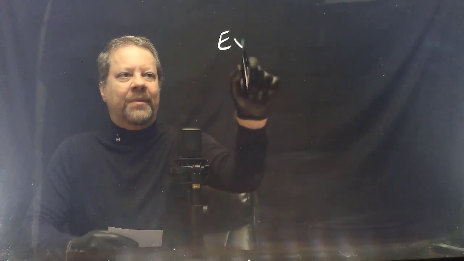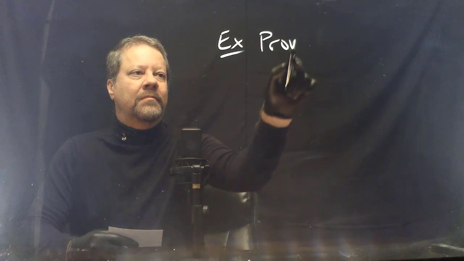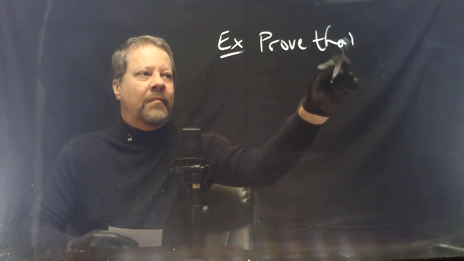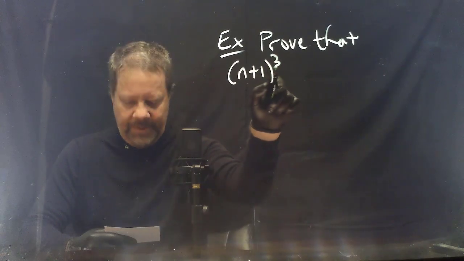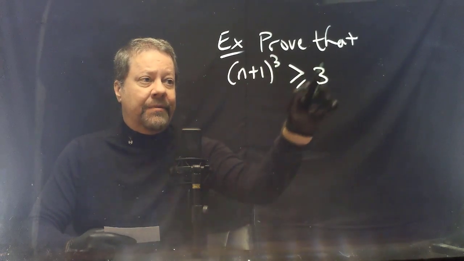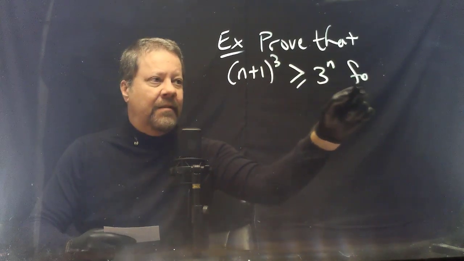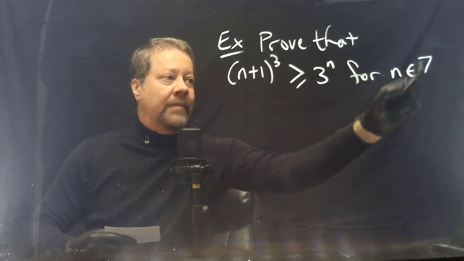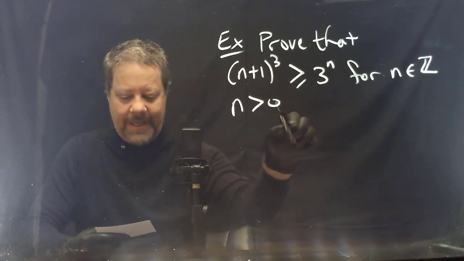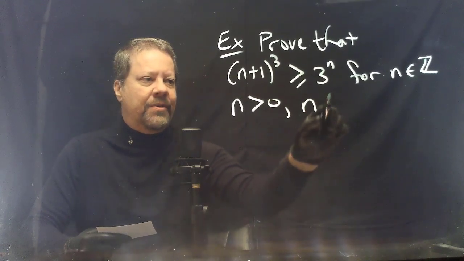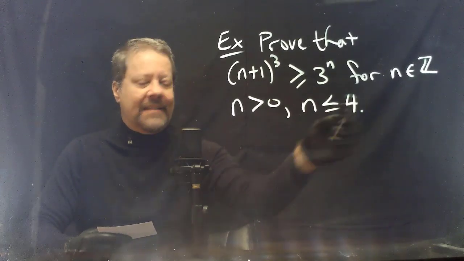Here's another example. Prove that n plus 1 cubed is greater than or equal to 3 to the n for integers that are positive, in other words, natural numbers, but we're constraining ourselves to values less than or equal to 4.